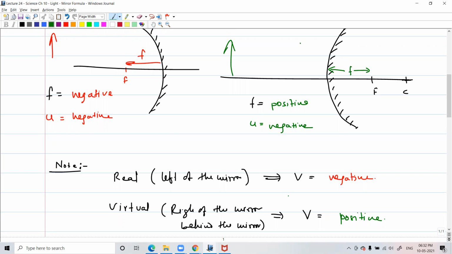So does that make sense? Does anyone have any doubt? Take a minute, look at the figure and tell me if you understand everything.